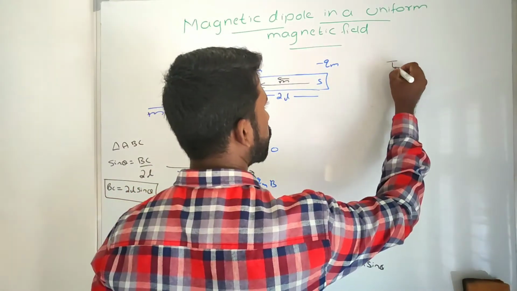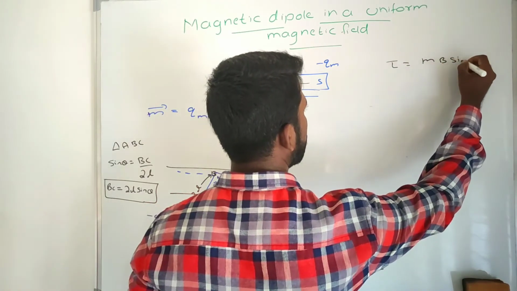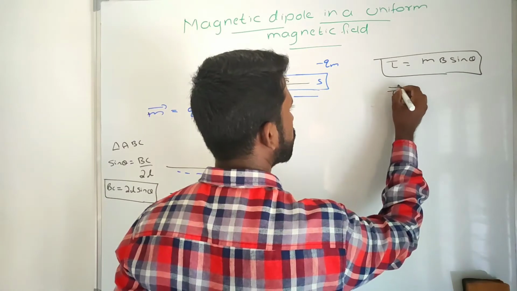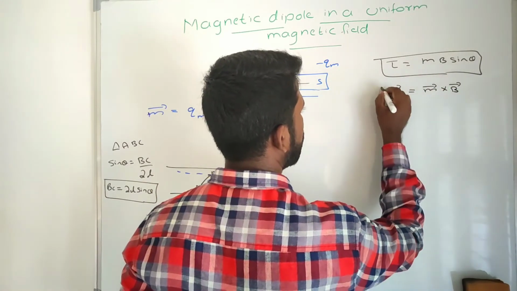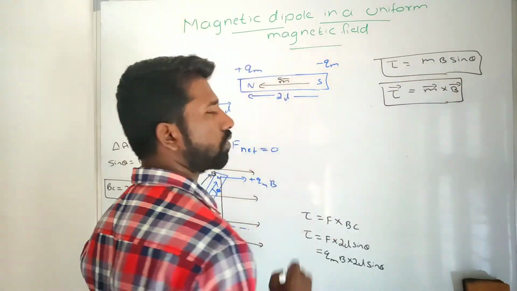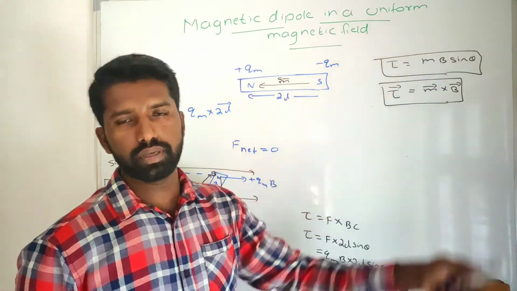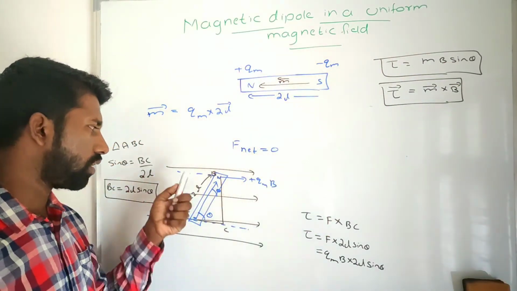So the torque tau is equal to m B sine theta. In vector form we can write the torque tau is equal to m cross B. The direction of the torque is perpendicular to the plane containing m and B. This is the torque acting on the dipole.